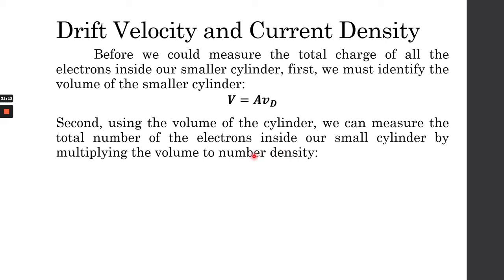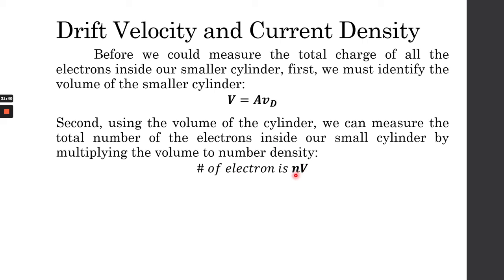We can do that by simply multiplying the volume by the number density. Remember the number density? Do not think of it as the total number of electrons. The number density is the number of electrons per cubic meter. This is a density, the amount of electrons per volume, denoted by the letter n.